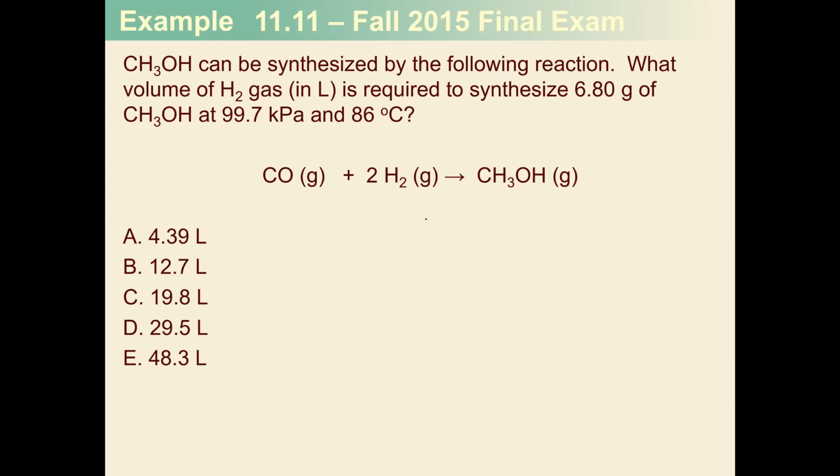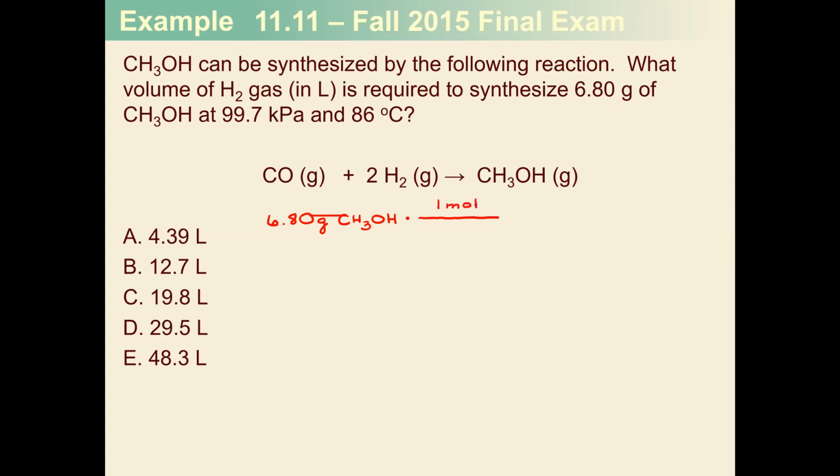So what we need to do first is get our grams of methanol to calculate the moles that we need of our hydrogen gas. So I will start with my 6.80 grams of my CH3OH, and I will go once again from grams to moles.